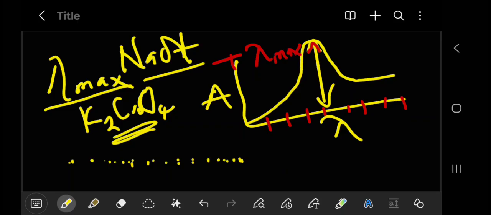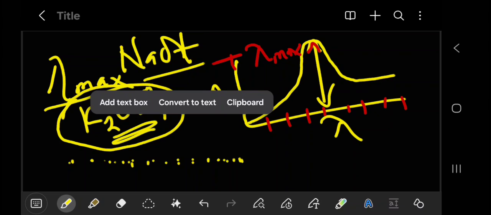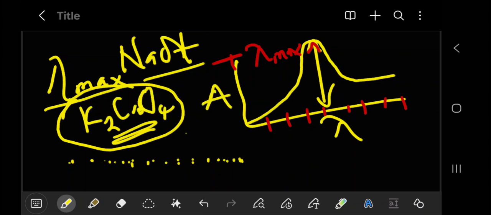This is because you needed to correct any solvent absorption, such that every absorption is dependent on this one. It's used for correcting the solvent absorption, so it's more like serving as a blank reference.